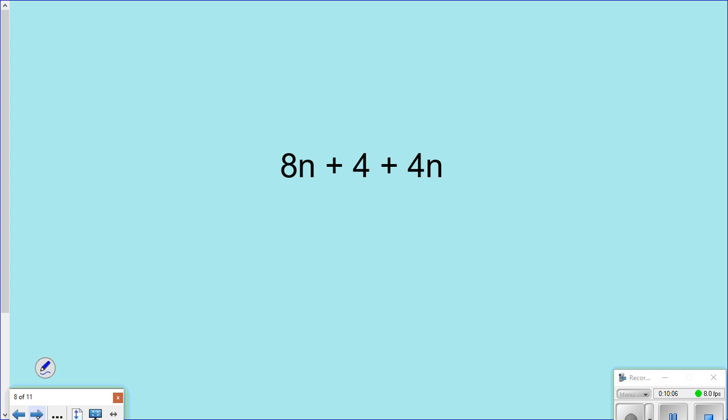Okay, let's do some simplifying. We'll do some easy simplifying to start with. I have 8n plus 4n plus 4n. Okay? So what are the like terms up here? What are my like terms, Aiden? Yes, 8n and 4n plus 4n.